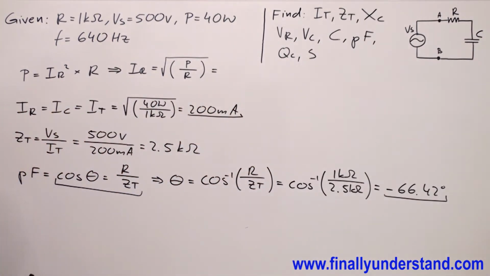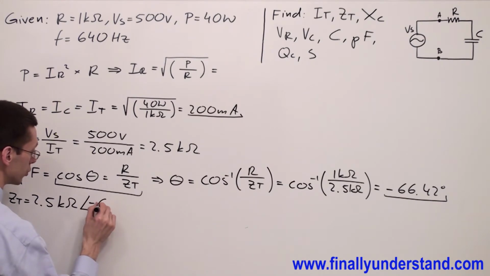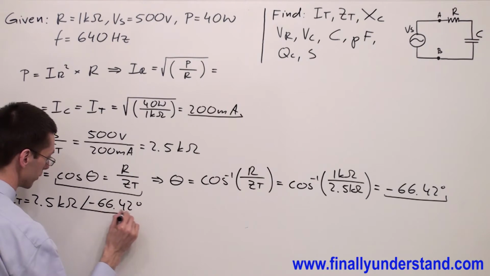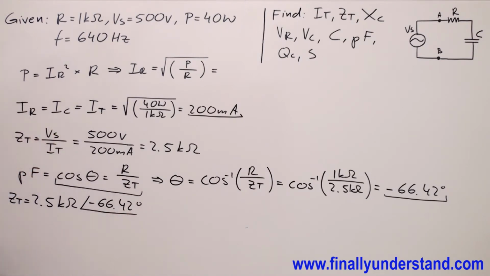So the complete answer for Z total is 2.5 kiloohms, an angle of negative 66.42 degrees. This is my Z total.